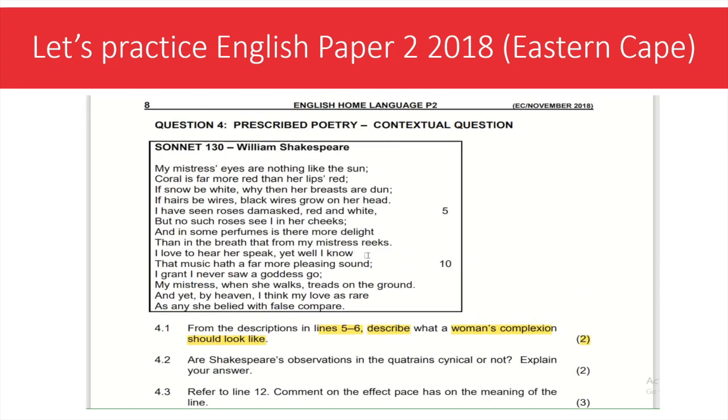So let's look in lines 5 and 6. I've seen roses damasked, so red and white, but I see no such rose in her cheeks. So a woman should have pale skin and rosy cheeks. But unfortunately, in his mistress, he doesn't see this. But let's have a look at what the memo says.